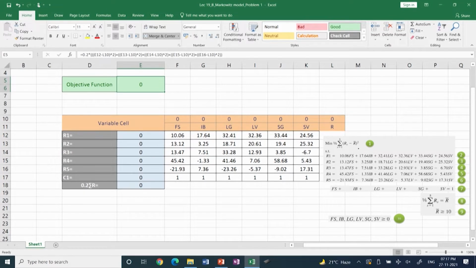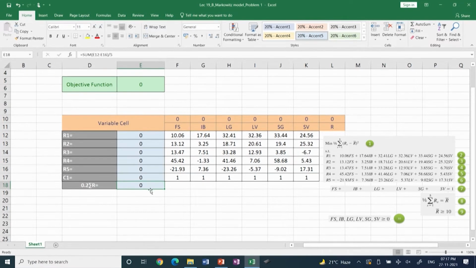So, for that you need to have the mean, that is R bar. R bar is written as E18. See the E18, E18 is the mean of the return. What is the mean of the return? R1, R2, R3, R4, R5. So, you see E12, E12 is R1.